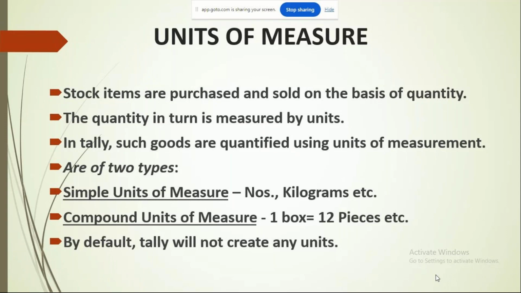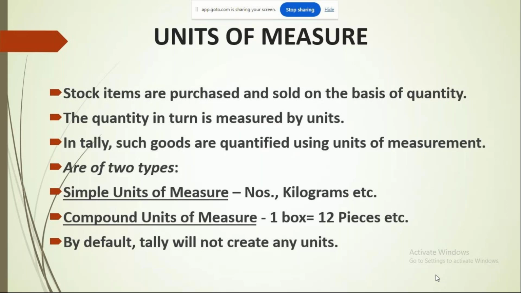Like that, without assigning the unit, we cannot even imagine purchasing and selling stock items. Stock items are purchased and sold on the basis of quantity. The quantity in turn is measured by units, and such goods are quantified using these units of measurement.